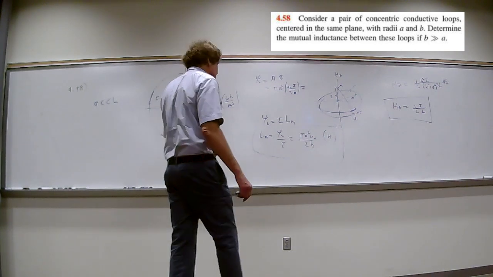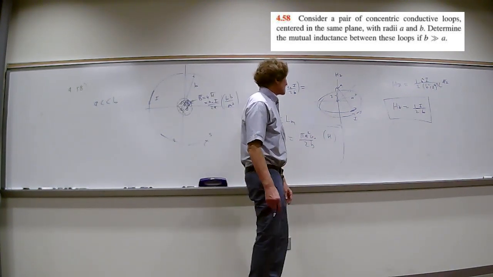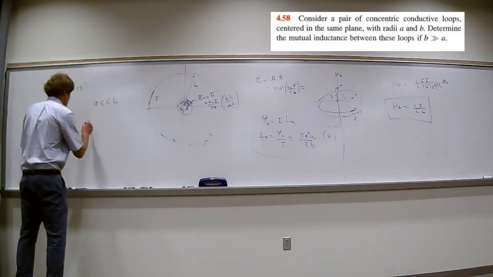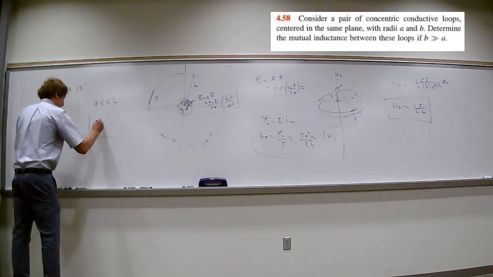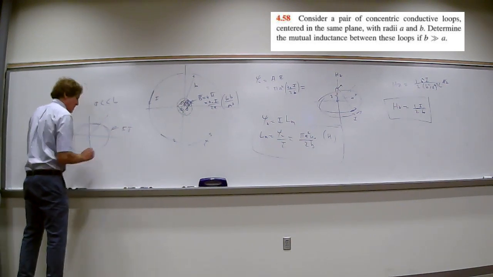I'll give you a problem, something like this. And what I might do is take this, and instead of putting it this way, I might do something really diabolical. Suppose I take this and I put 5 turns, all right?